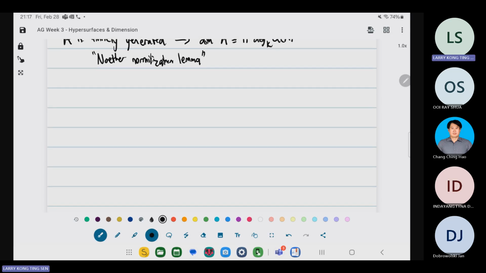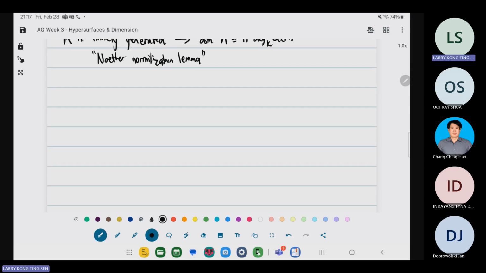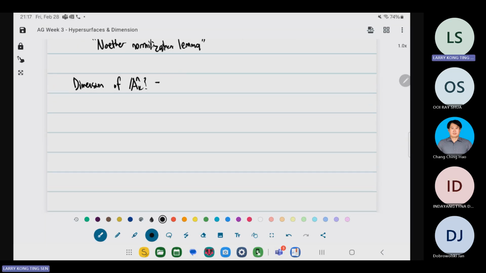So now we can first answer the question. What is the dimension of A^n? Well, it equals n. And why?